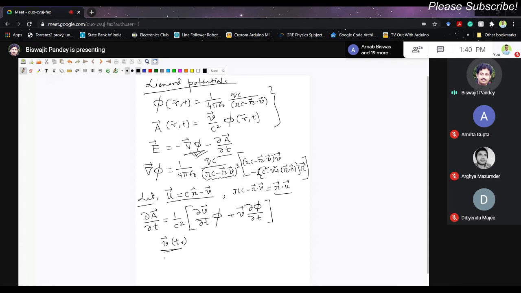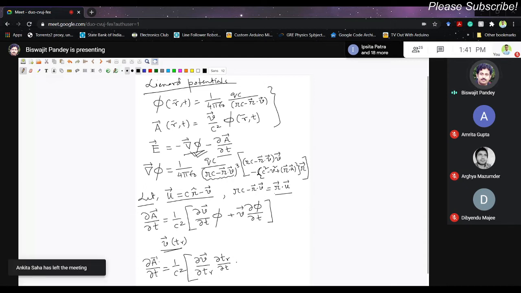If we do that, del A del t equals 1 over c square, and then del v del tr, which is nothing but the acceleration of the moving charged particle, times del tr del t, which we do not know yet and have to figure out, times phi, plus v del phi del t.